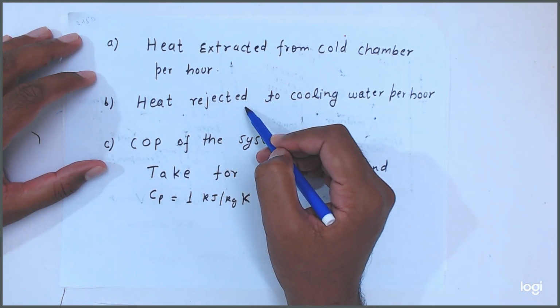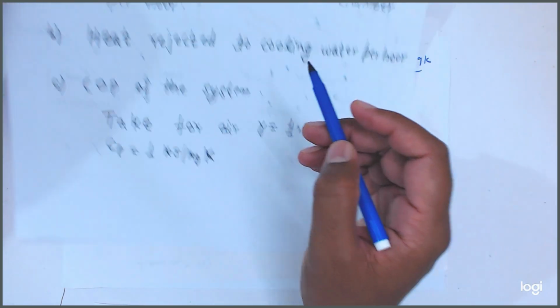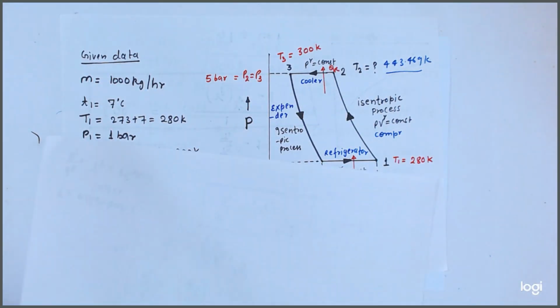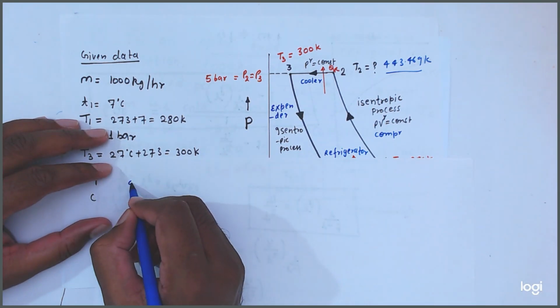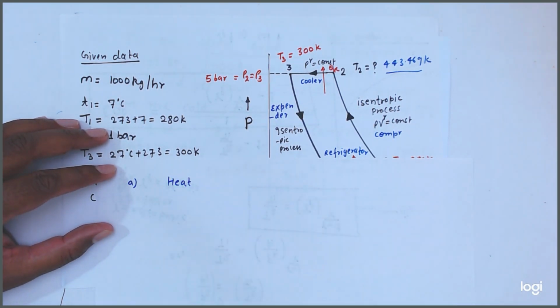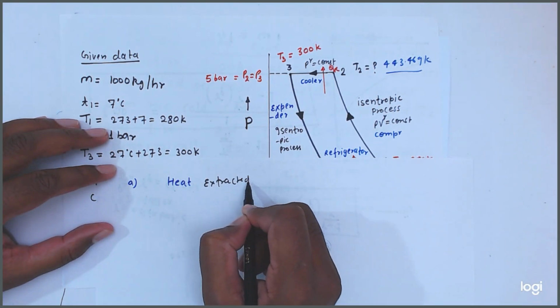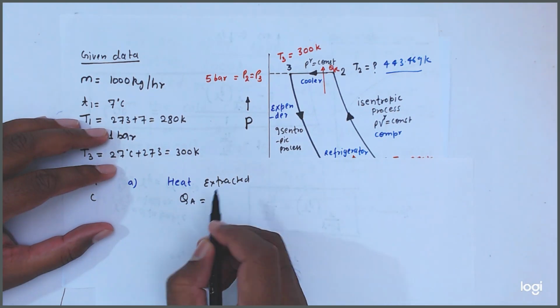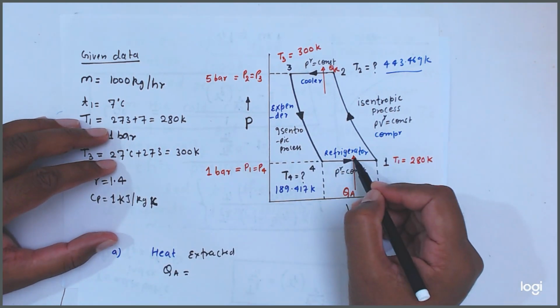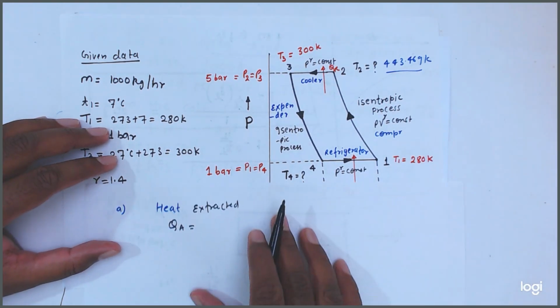Heat rejected means this process is in the cooler. So what do we have to find? Heat extracted, QA. Heat extracted means heat absorbed. QA equals how much?